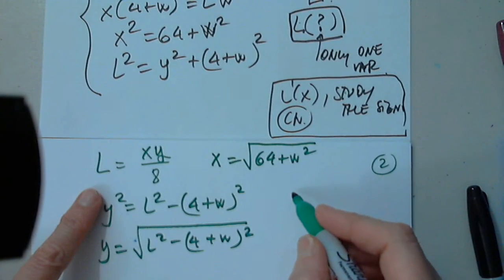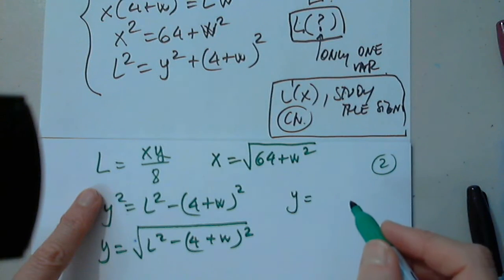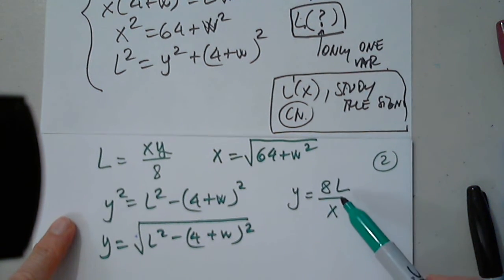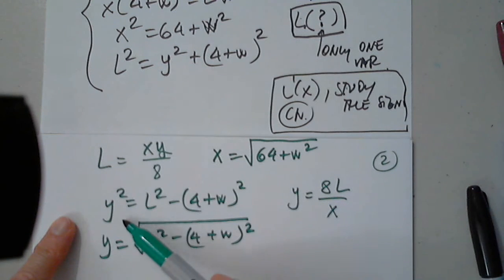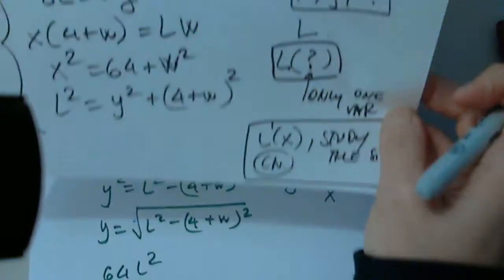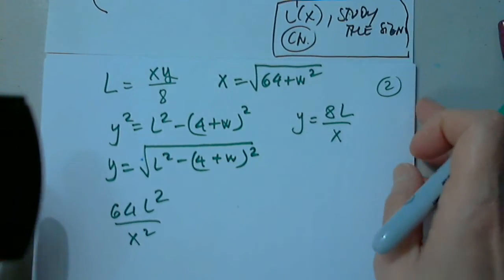Okay, so what if I say y equals 8L divided by x? So then I have 64L squared over X squared. I'm simply trying different things.